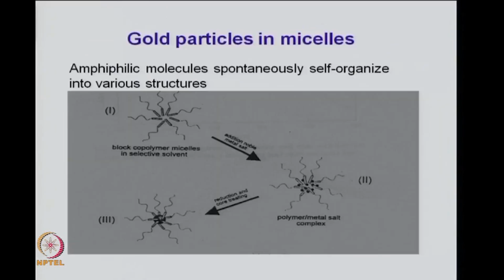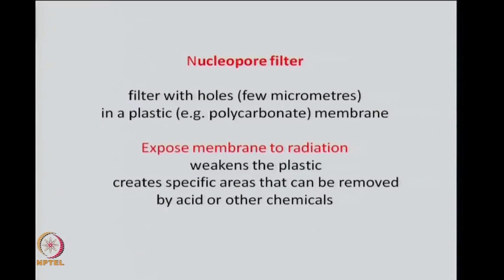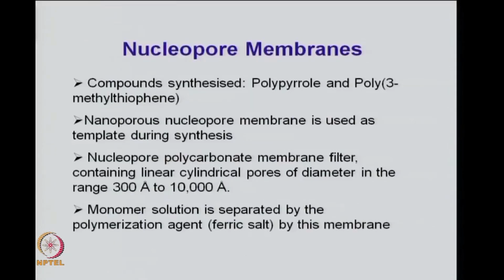So, that is the nucleopore filter, which you can start from a polymer membrane like a polycarbonate membrane, and where you can get cylindrical pores of the size of 13 nanometers to 1 micron, and the monomer solution is separated from the polymerization agent by these membranes.